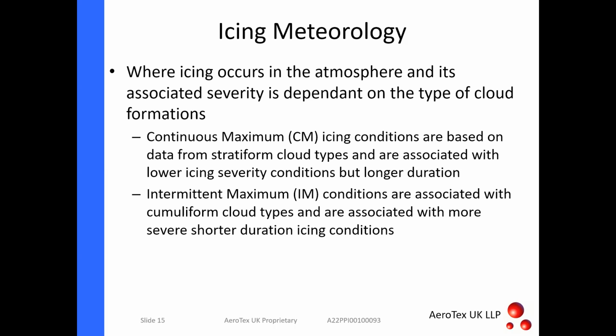The standard certification is, if you're in a holding pattern before landing, you could have 45 minutes in these conditions. The intermittent maximum conditions are cumuliform clouds, and those tend to be much more severe, but they tend to be very short duration, so you might only be in there 2 or 3 minutes.